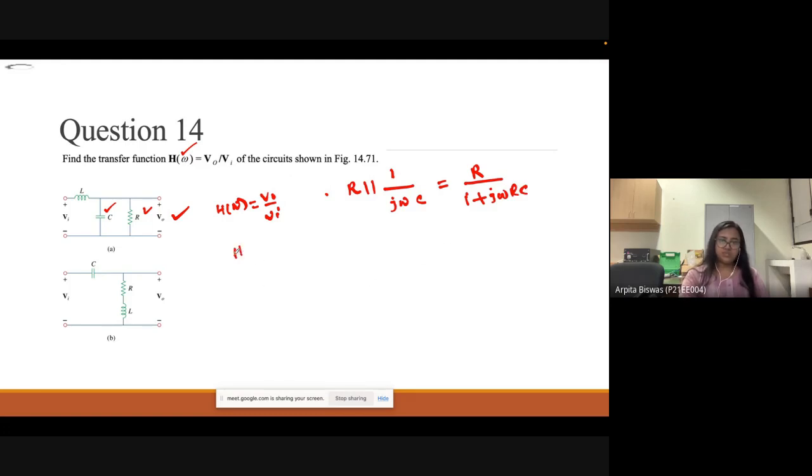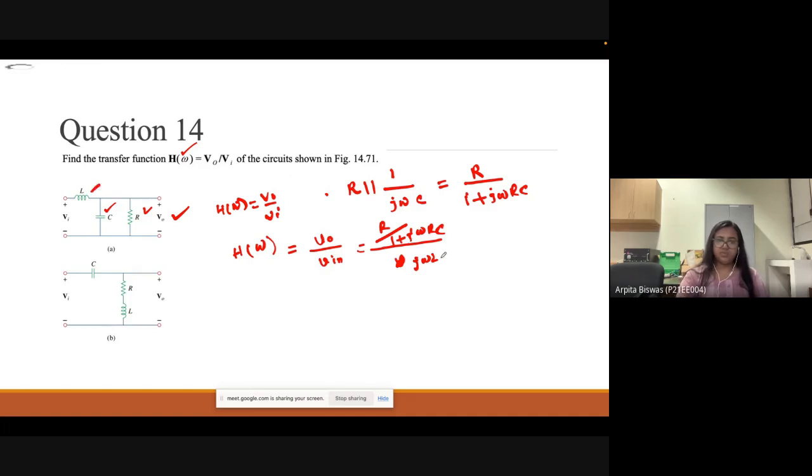Then how will we write down the H omega? By the input, R by 1 plus j omega RC by, sorry, by j omega L, because there is impedance.